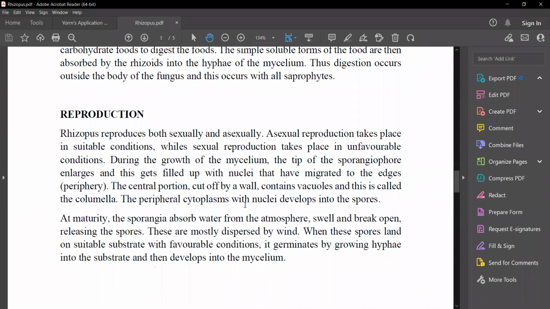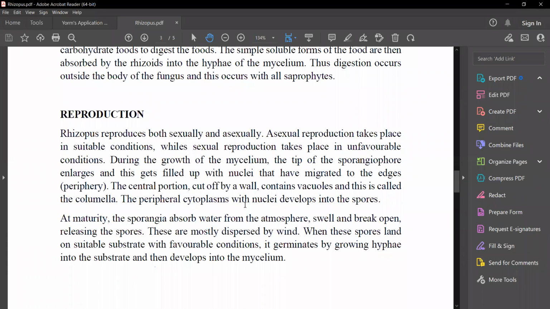As it gets enlarged, certain nuclei migrate within the hyphae from the sporangiophore into the enlarged tips, and then it gets cut off by a cellular wall and forms the columella, right? Then the cytoplasm within and the nuclei fuse together to form these little spores that we have.